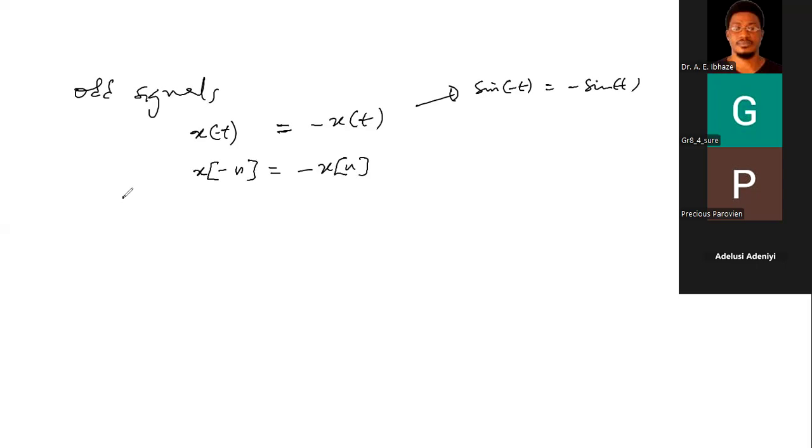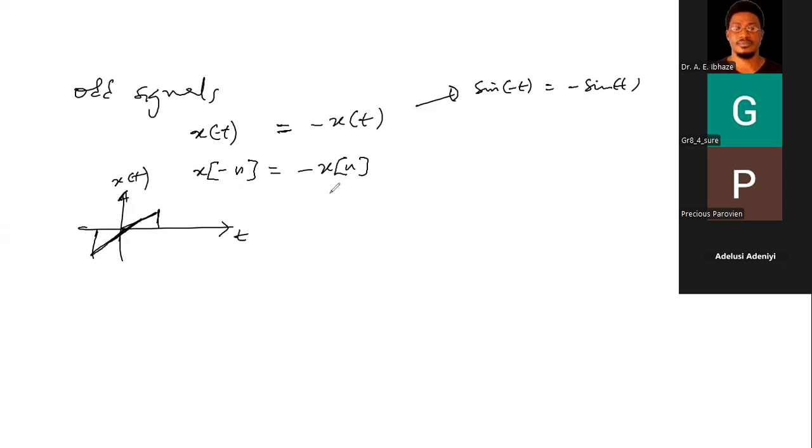So if we have a signal, say like this, then this is an odd signal, S of t against t, because the odd signal must go through the origin.